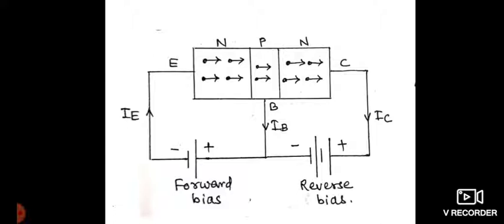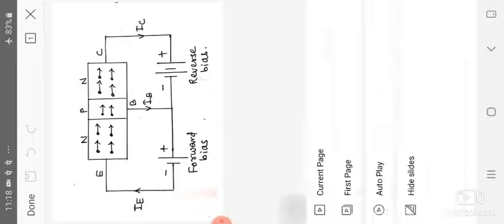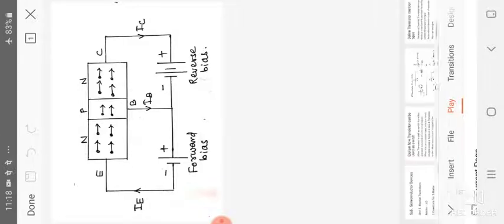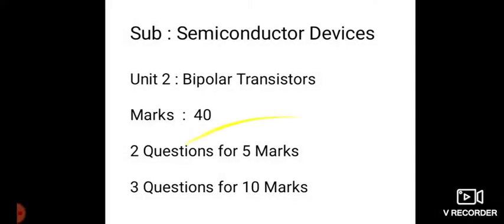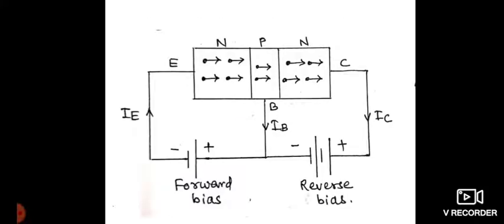See, as negative is connected to n type, the majority charge carriers in n type, which are electrons, are repelled from the negative terminal of the battery, and they will try to move towards the base.